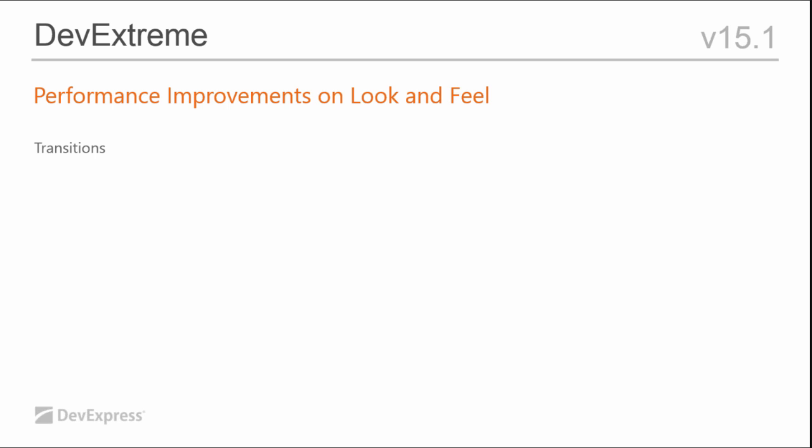Together with the theme improvements, we have been taking a look at the performance of the mobile applications, and we have included quite some performance improvements on the UI rendering of a DevExtreme application.